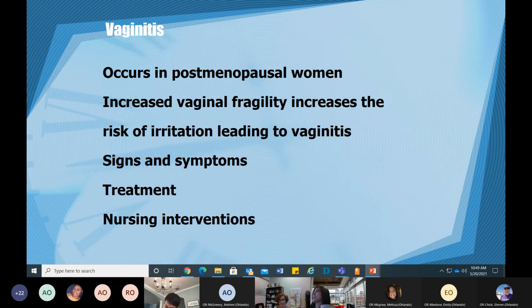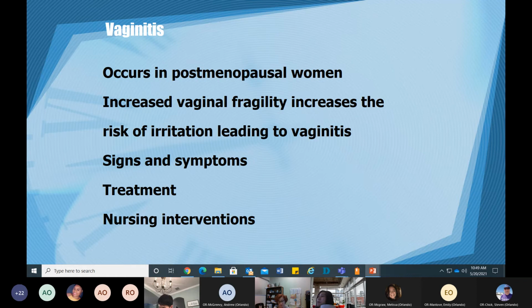There's very little vaginal secretions, or at least a little bit less than they normally would have to help with the sexual act. And also because of the alkaline vaginal pH, that's one of the reasons we see vaginitis occurring in our postmenopausal women.